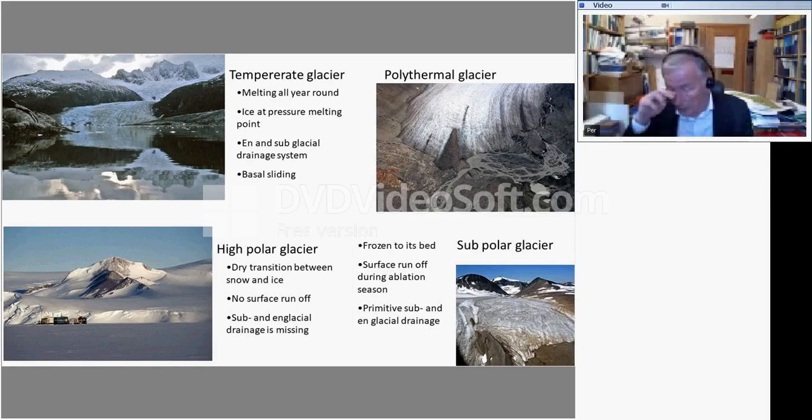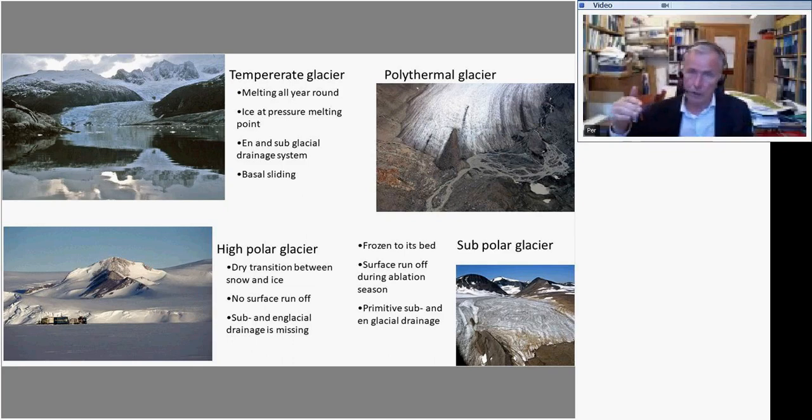And then there's one which is a little bit more physically based, and it refers to the temperature distribution within the ice. The most important difference here is that we talk about temperate glaciers and polar glaciers. A temperate glacier is at the melting point all through, and it melts all year round.